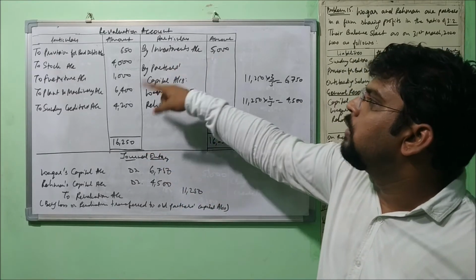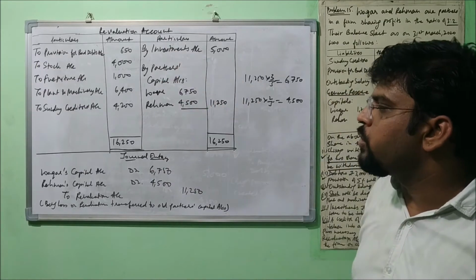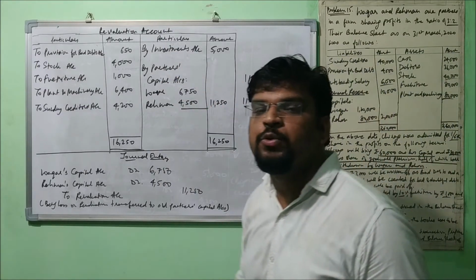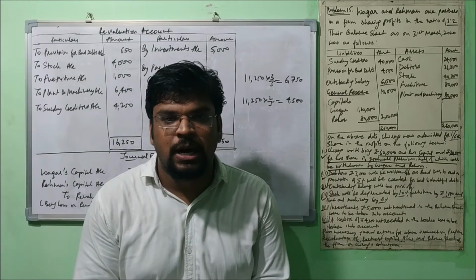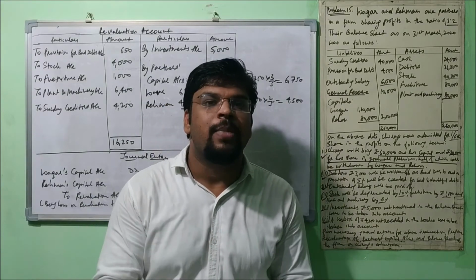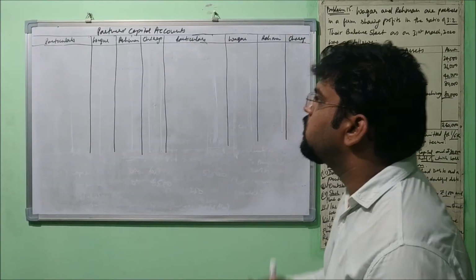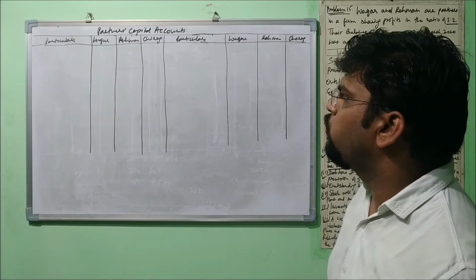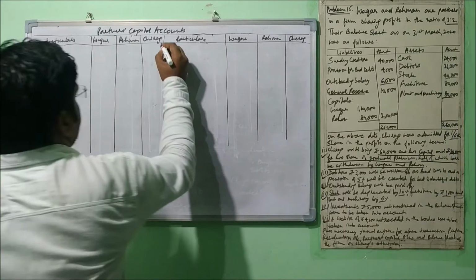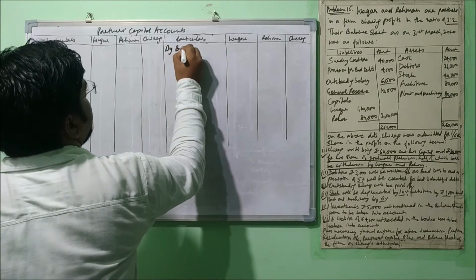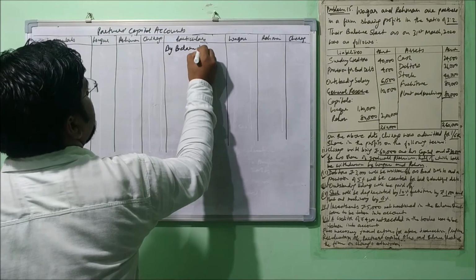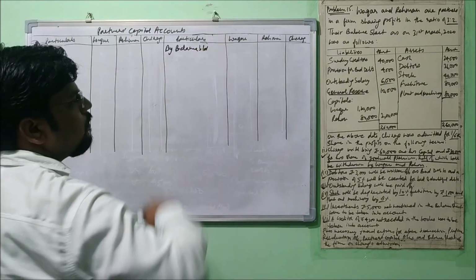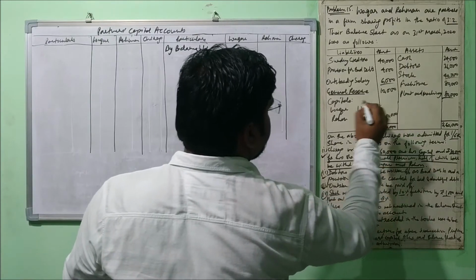Fine, and then we prepare the revaluation account. It is already prepared. Now it's time to prepare the partners' capital account, and thereafter we will prepare the balance sheet. So this is the format of the partners' capital account. Without wasting much time, let's prepare it. First of all, by balance b/d, we'll keep the balance here. It's given here.